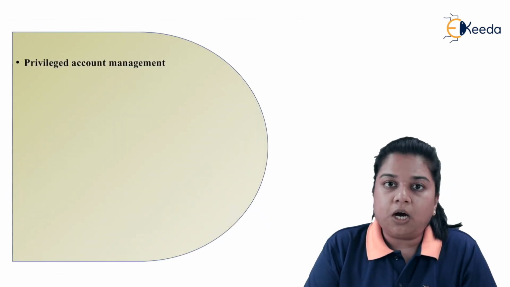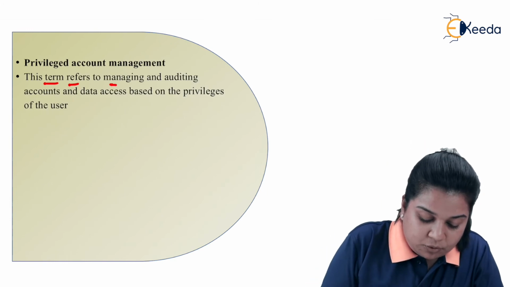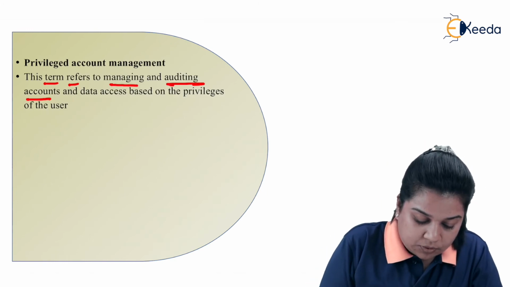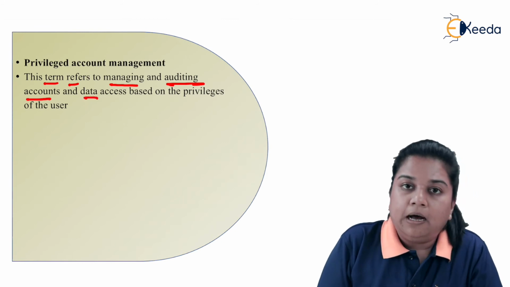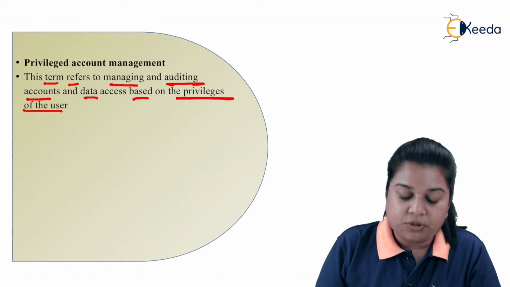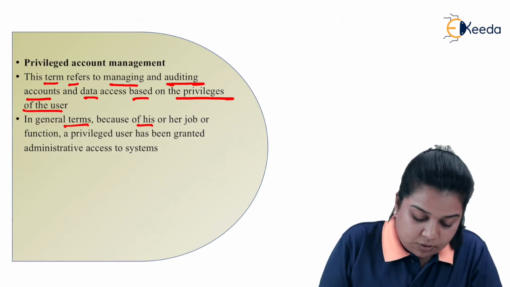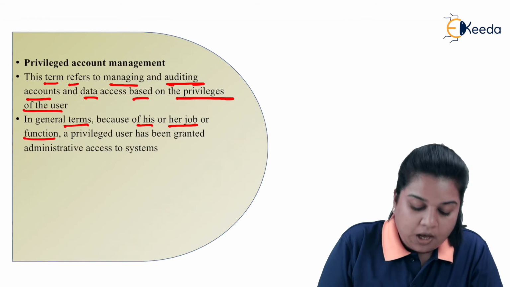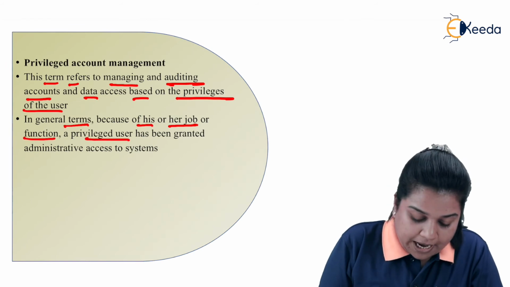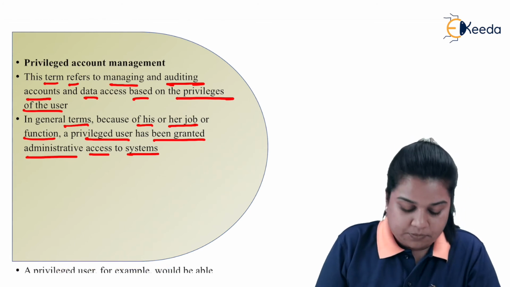Then, privileged account management. This term refers to managing and auditing accounts and data access based on the privileges of the user. In general terms, because of his or her job or function, a privileged user has been granted administrative access to the systems.